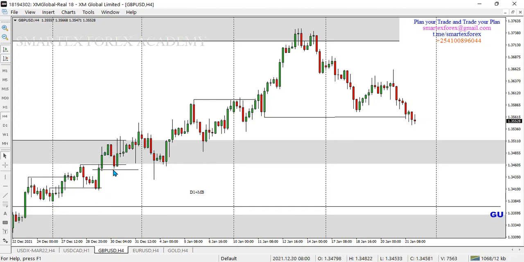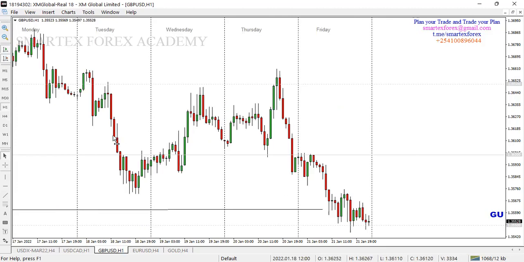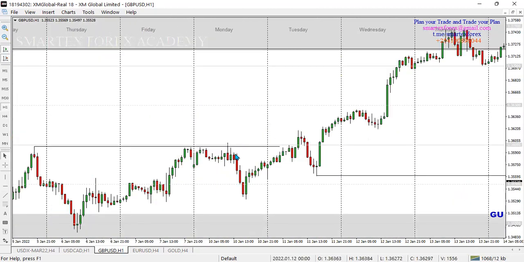After this structure break, the price mitigated this mitigation block and then came back, cleared this low, and returned to this zone. See that? Very clean. So this was the buy setup here. And then we had the up move that broke the structure here.